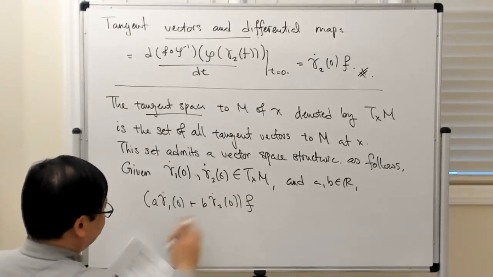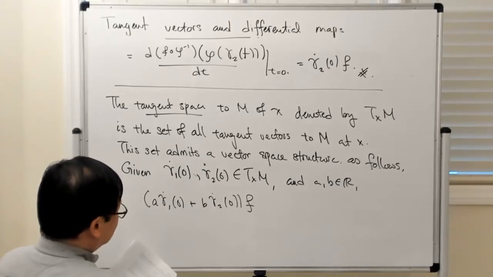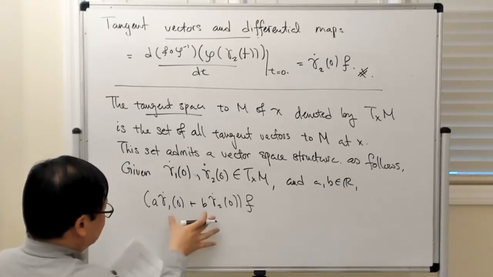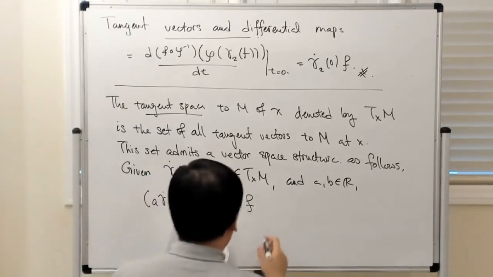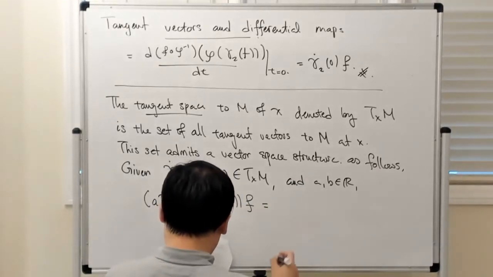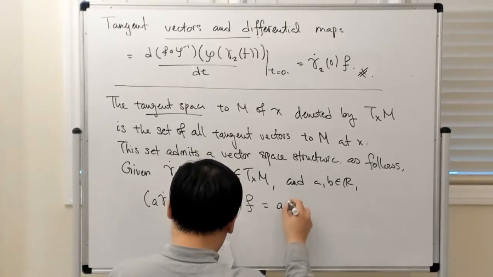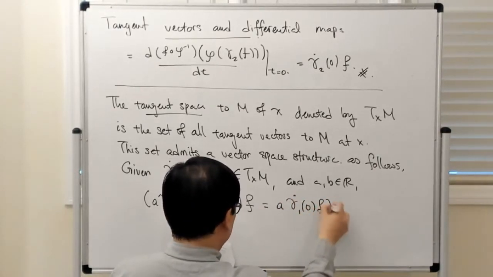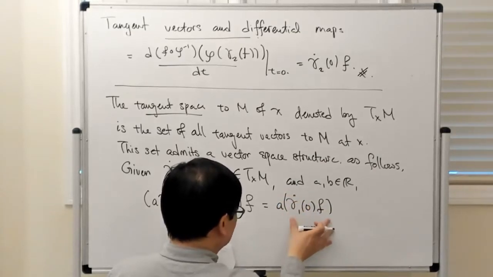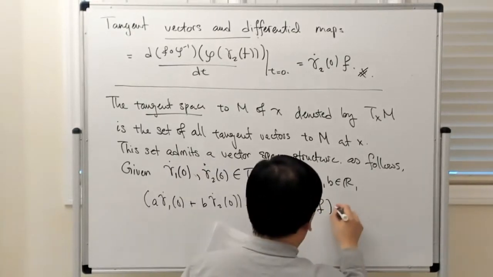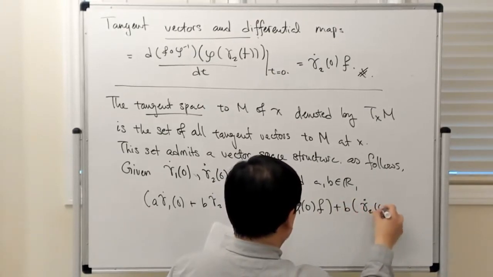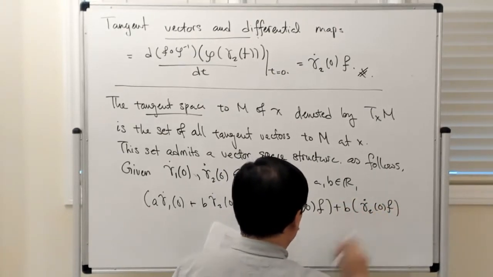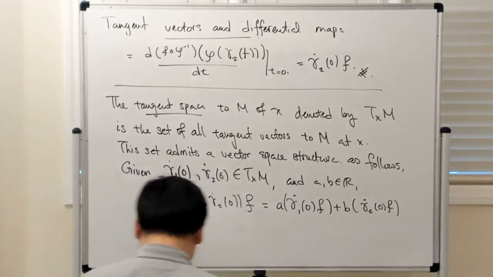You think of these abstract tangent vectors as maps from functions to reals. So this is just given by a times gamma 1 dot 0 acting on f, which gives me a real number, times a, plus b times gamma 2 dot 0 acting on f, which again gives me a real number.